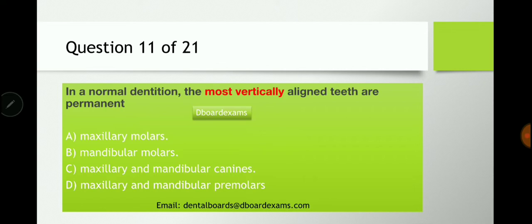So what the intubation tube does is cause those teeth to become mobile, become loose, and end up being extracted. So we advise the respiratory therapist to place the tube in the premolar region, because these teeth are vertically aligned, so they are not able to be luxated easily. So the answer is D.